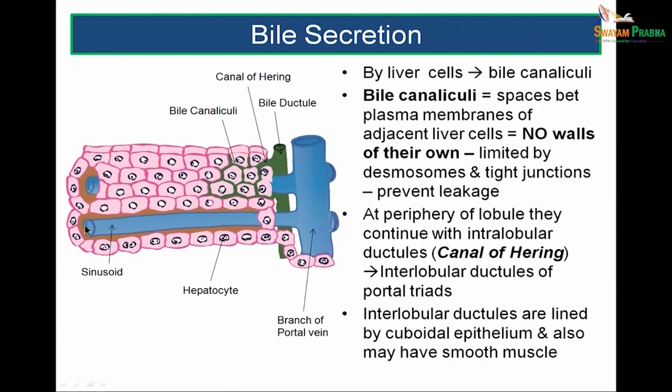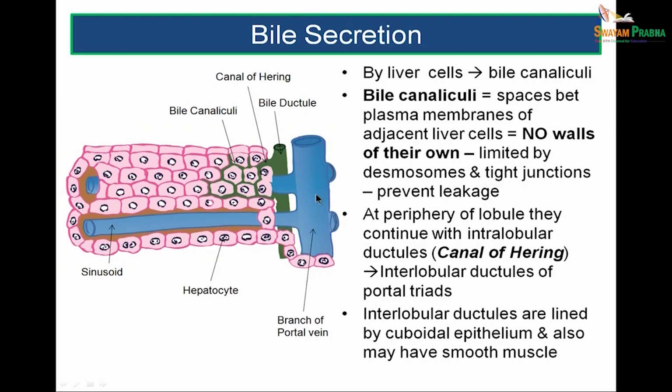This is an illustration showing you rows of hepatocytes, and this is the portal area containing a portal vein branch and a bile ductule. So you see here the bile canaliculi are spaces between adjacent hepatocytes, and they ultimately drain into the canal of Herring, which drains into the bile ductule in the portal space.